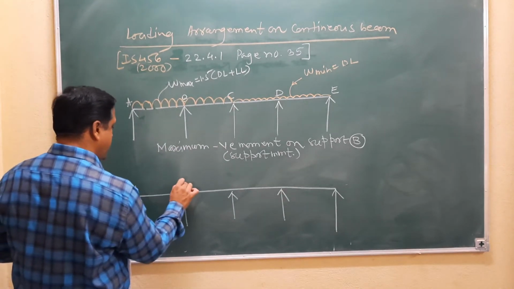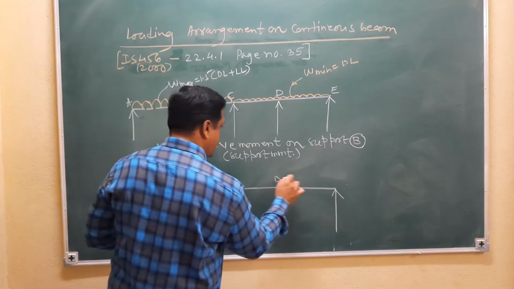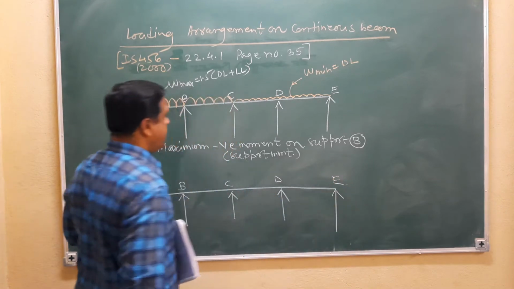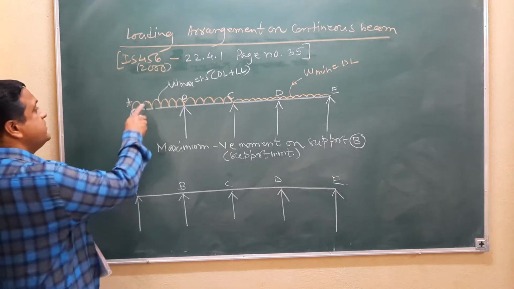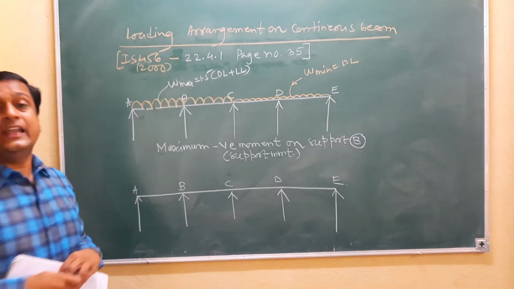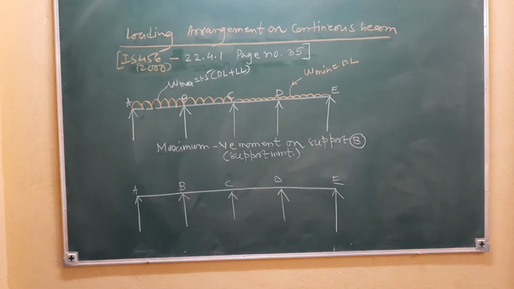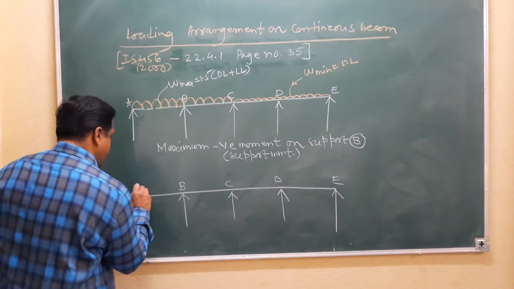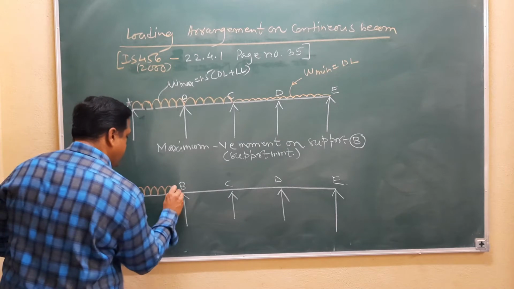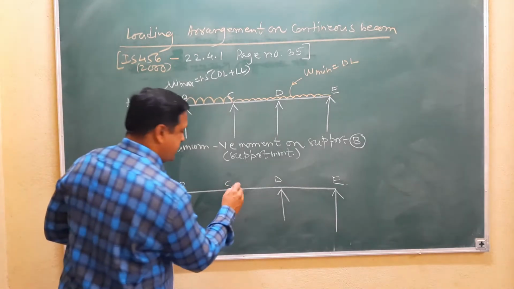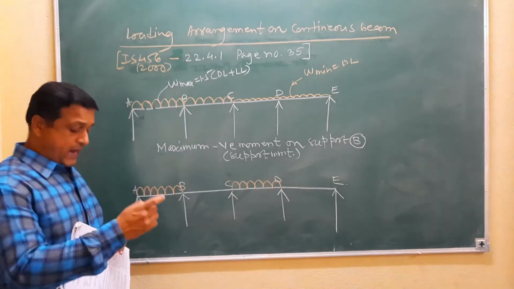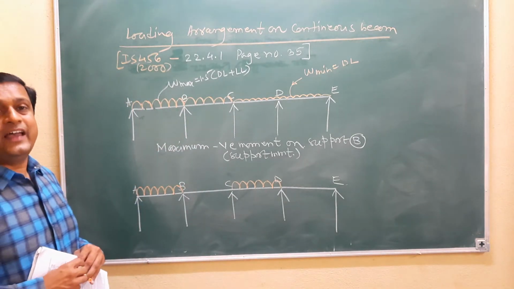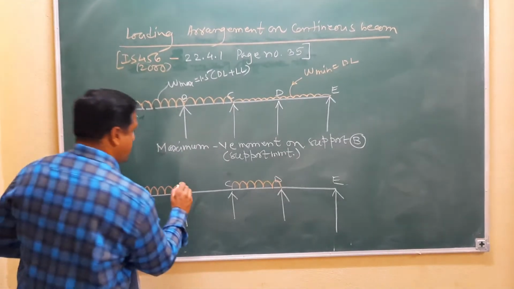Suppose this is support A, support B, C, D and E. If you apply this design load on alternate spans, that means span AB, alternate span CD, like this, and all other spans having minimum load.